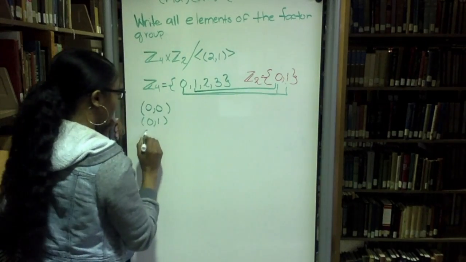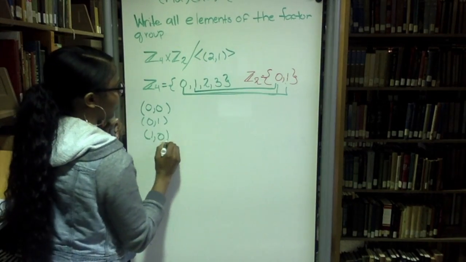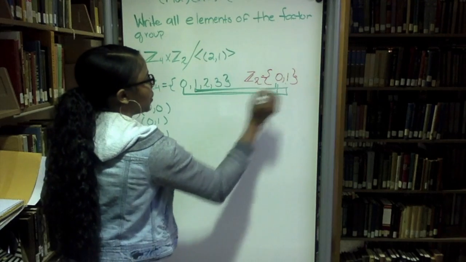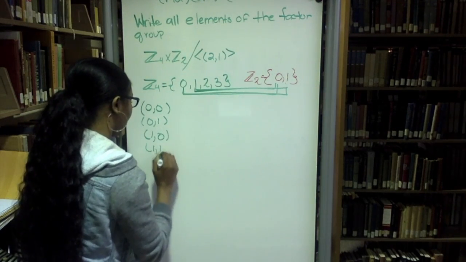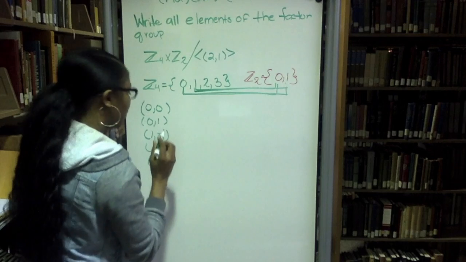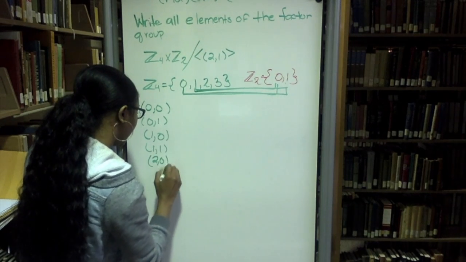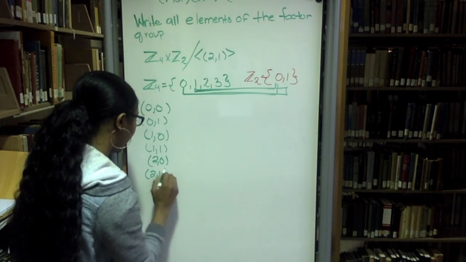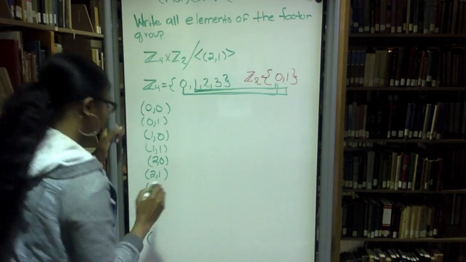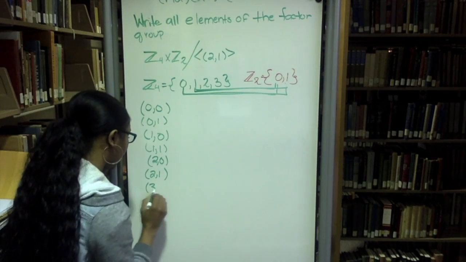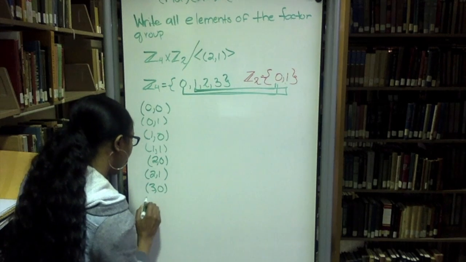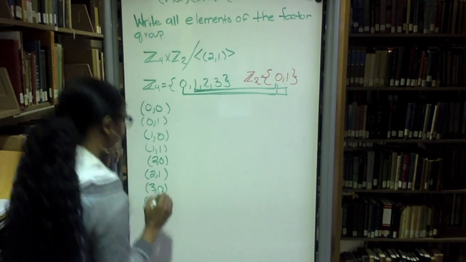For 1, we get 1, 0 and 1, 1. Then for 2 as well, we get 2, 0 and 2, 1. Then we do our last element of Z4, which is 3, and we're left with 3, 0 and 3, 1.